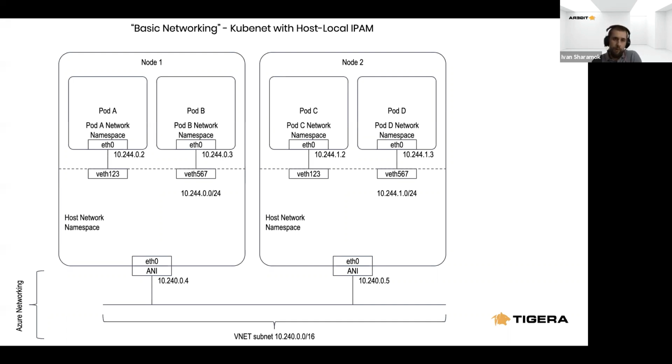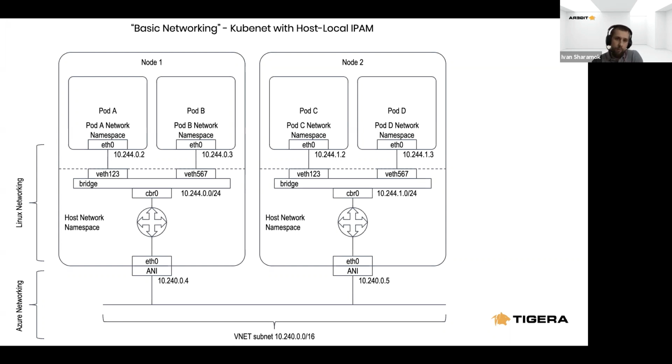As you configure the cluster, each pod gets an ETH0 interface anchored inside of the pod, and a VETH pair is anchored on the host. That VETH pair then connects to the bridge. It's called CBR0, which is configured as a simple software implementation of a layer 2 switch, and Linux kernel routing is configured as a simple router.